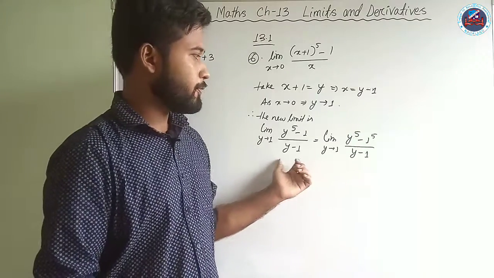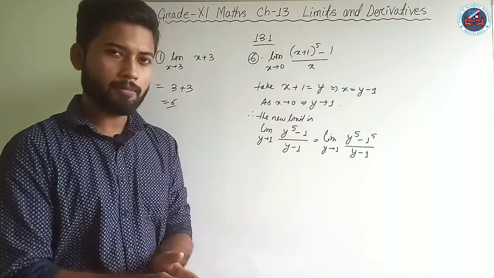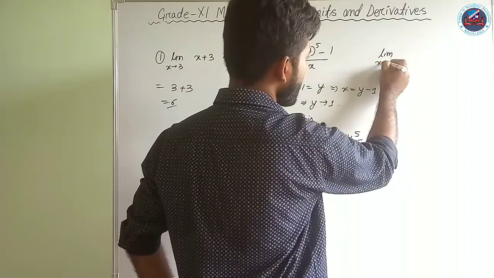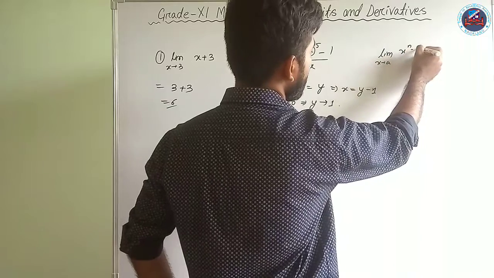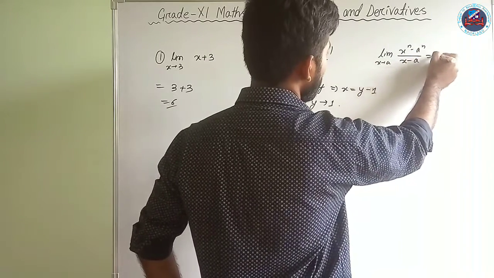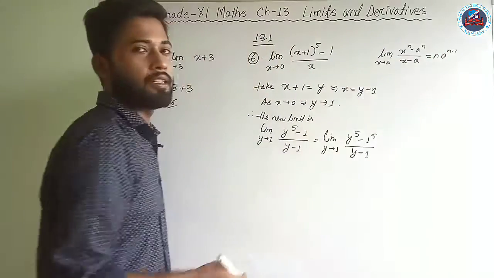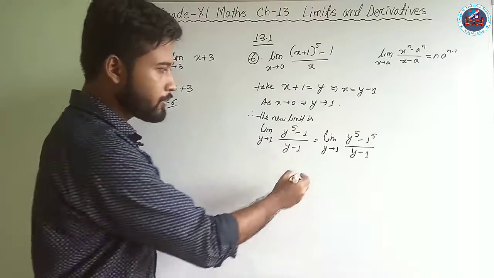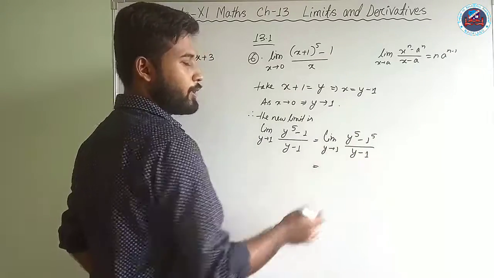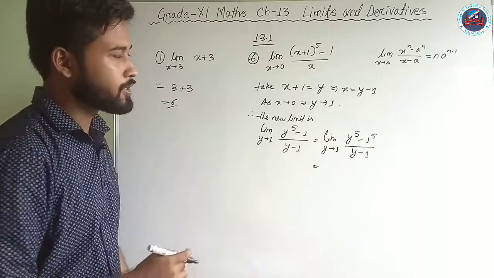Earlier, just before the start of this video, we proved a theorem, and that was limit x tends to a of x to the power n minus a to the power n divided by x minus a is equal to n a to the power n minus 1. So we shall be using it here. One more thing you can do is divide y to the power 5 minus 1 to the power 5 by y minus 1 and see the result, or else you can directly use that.